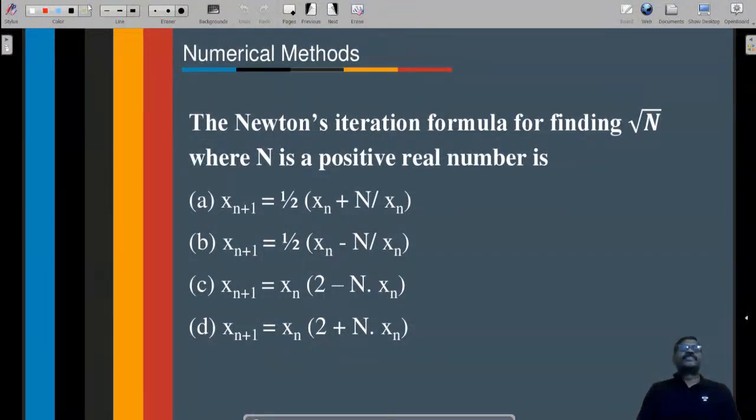Next, the Newton-Raphson iteration formula for finding the square root of n. Let x equal to square root of n.